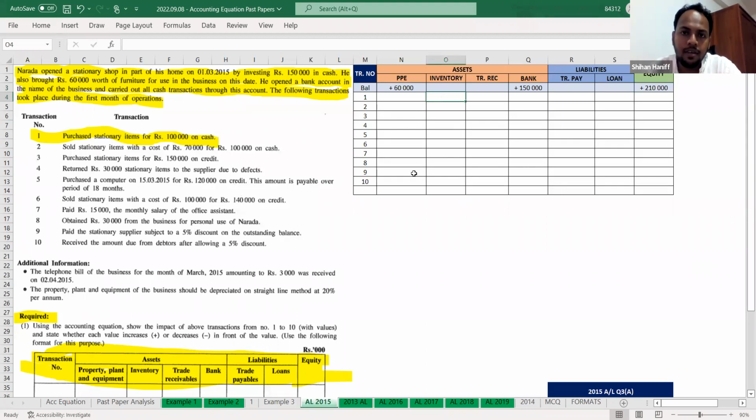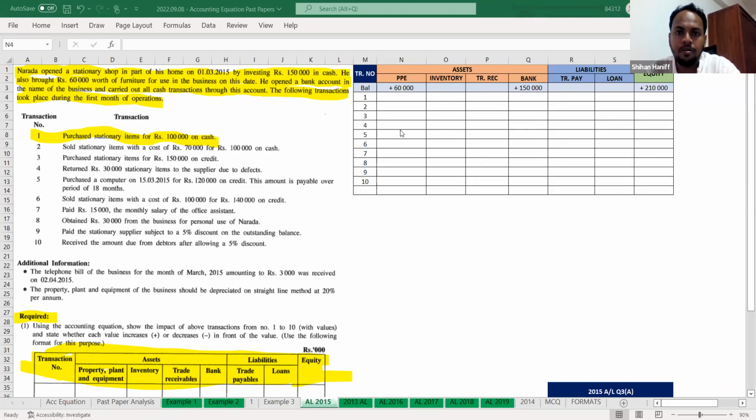Normally, stationery is sometimes considered an expense, right? But here, this is a stationery shop. So if a stationery shop purchases stationery, it will be treated as inventory.